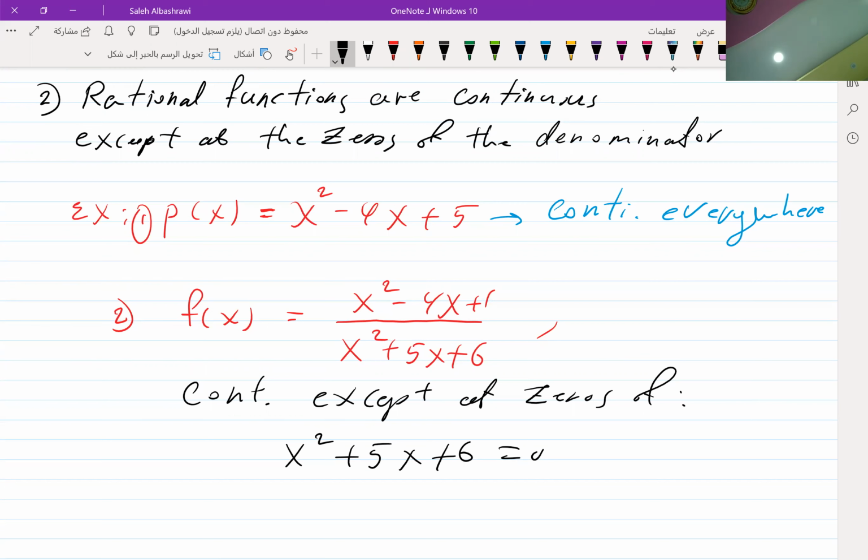When the denominator is equal to 0, then the function is not continuous. Then the rational function is not continuous.